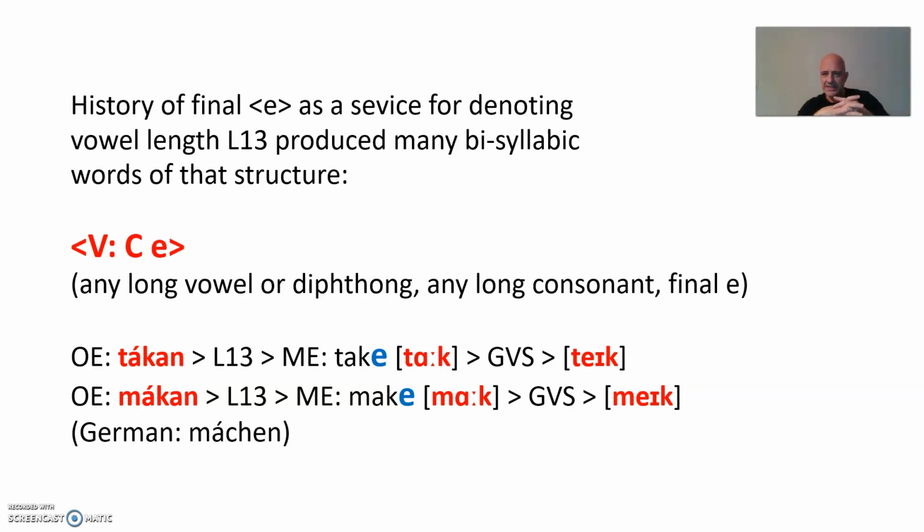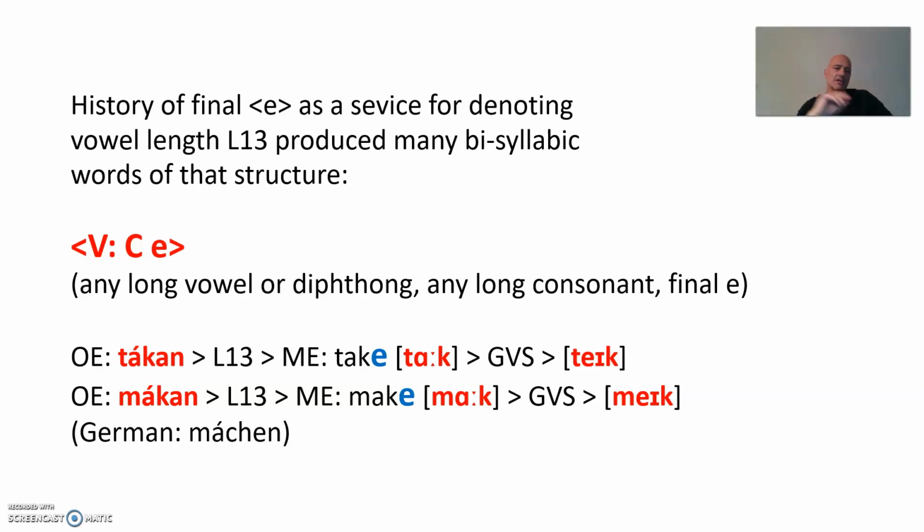So what it really produced is a lot of silent E's, which were pronounced once. Take the example I've given you here: Old English takan, then Middle English take, because of L13 long, tak, and then Great Vowel Shift take.